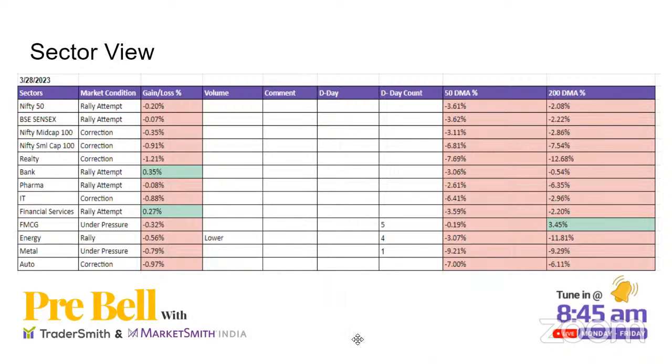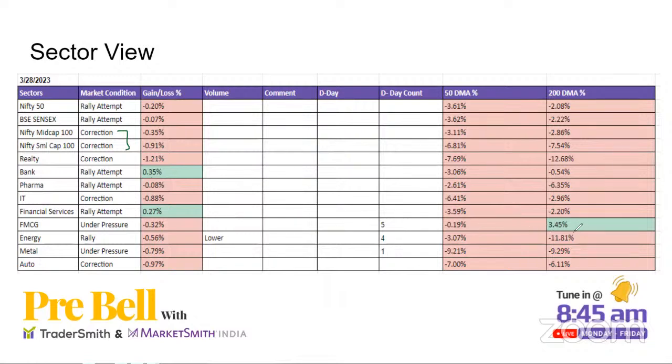Talking about the sector view, as you can see, most sectoral indices are either under pressure, in correction, or in the rally attempt mode. Similarly, the Midcap 100 and Smallcap 100 indices are also in correction mode. Apart from energy, no other index is in rally mode.